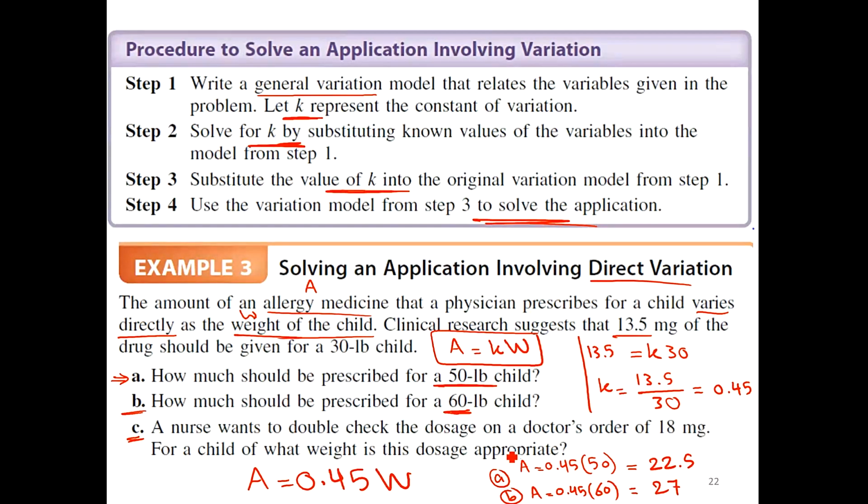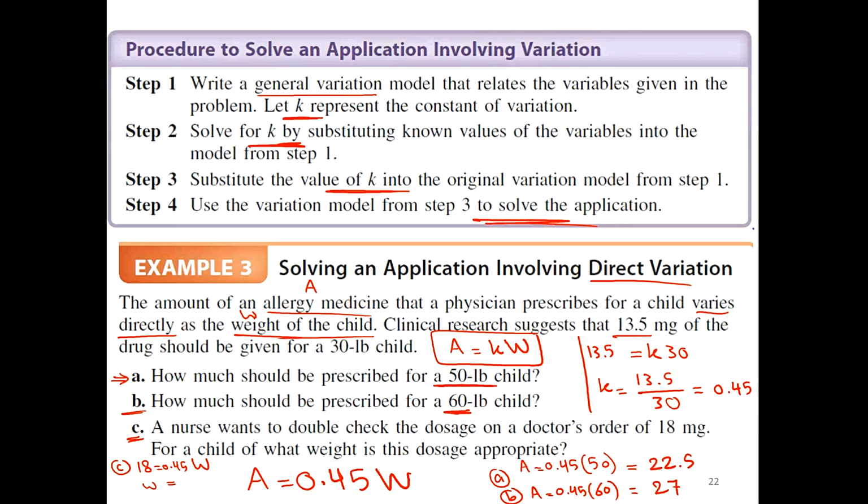Number C, a nurse wants to double check the dosage on the doctor's order of 18 milligrams for a child of what weight. Is this dosage appropriate? So for C, we need to find the weight for a dose of 18, which equals 0.45 W. So the weight equals 18 divided by 0.45.